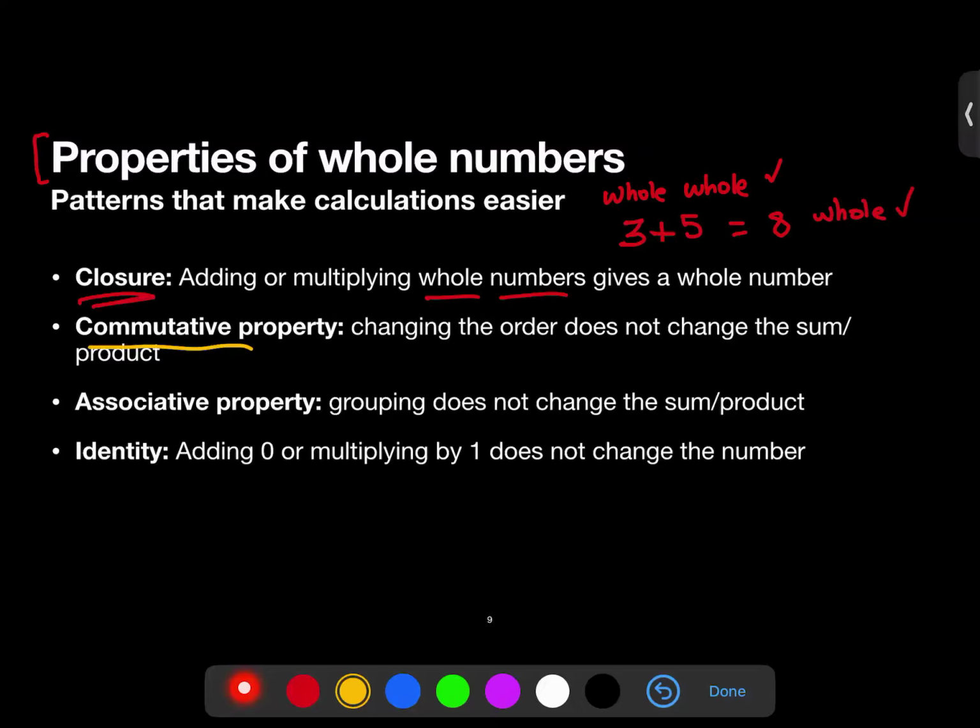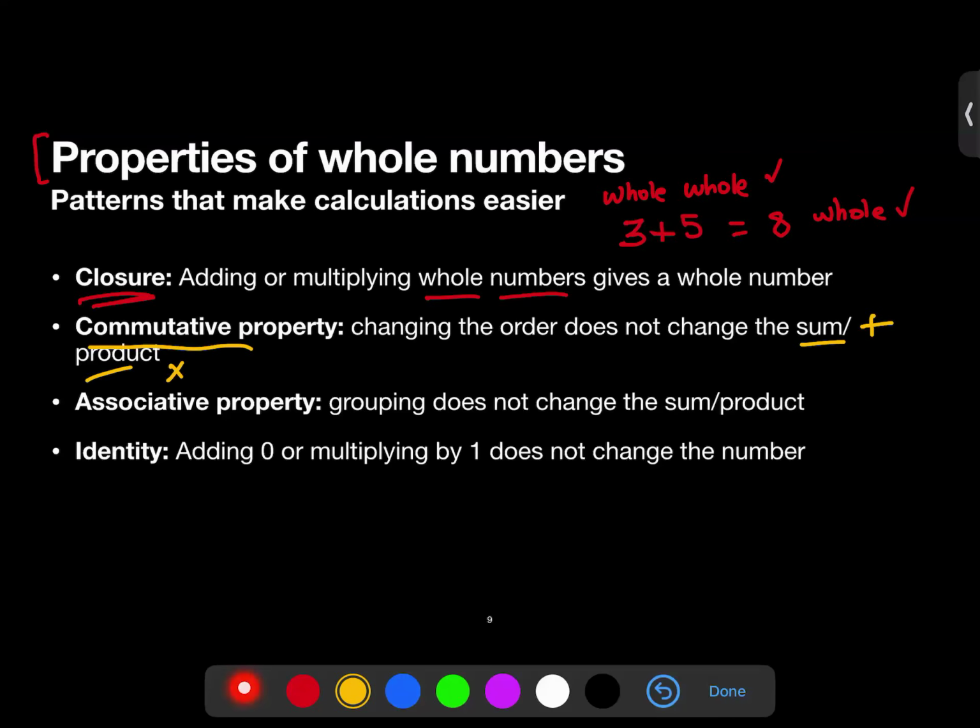Commutative property is when changing the order of 2 or 3 numbers will not change the sum or product. So again, sum is addition and product is multiplication.